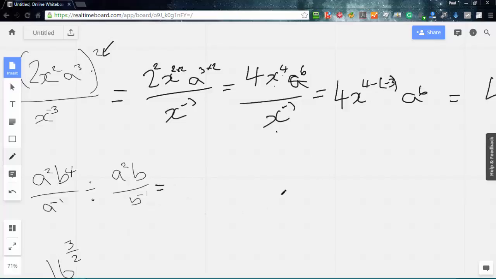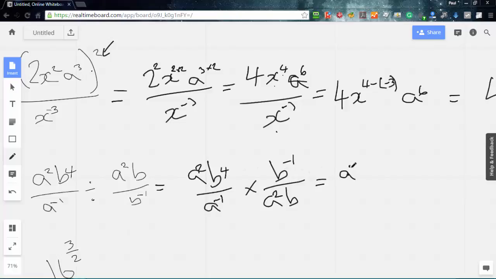For this one, remember we treat it the same as fractions. So I'll just write out a to b to the 4 over a to the minus 1 again. And as we would with any other fraction, turn that to a multiply, put b to the minus 1 at the top, and then a squared b at the bottom. Then I multiply the tops: a squared times b to the 4th times b to the minus 1.